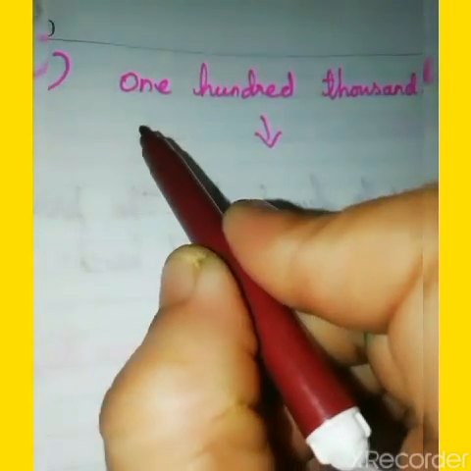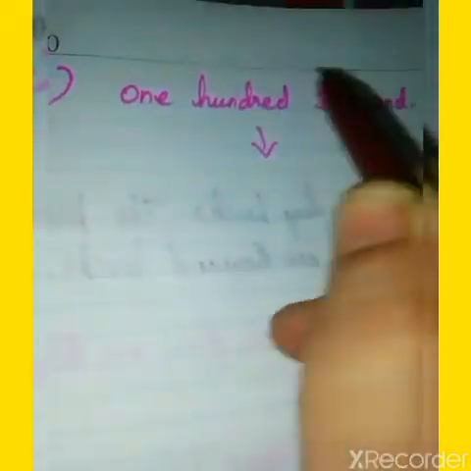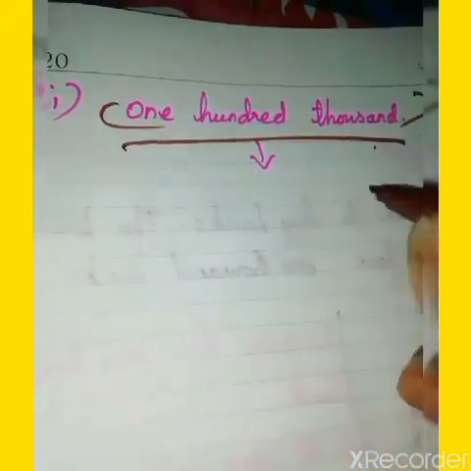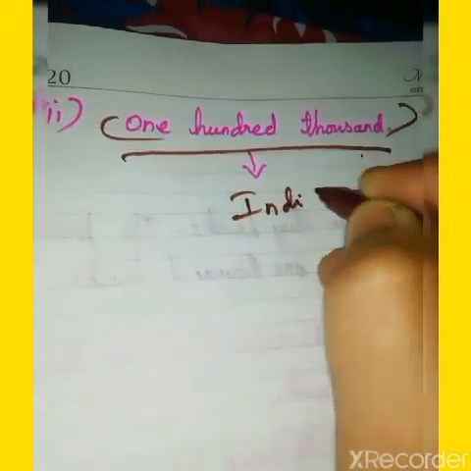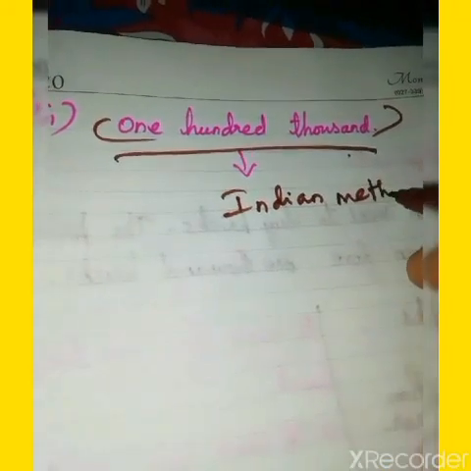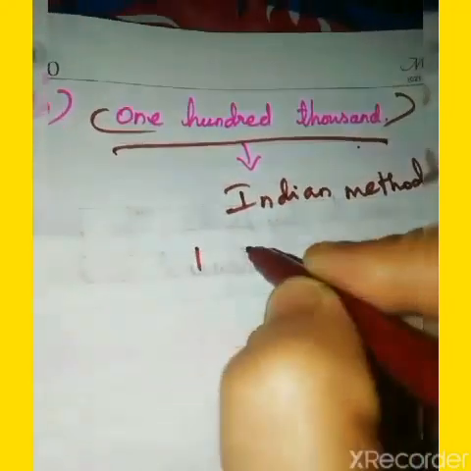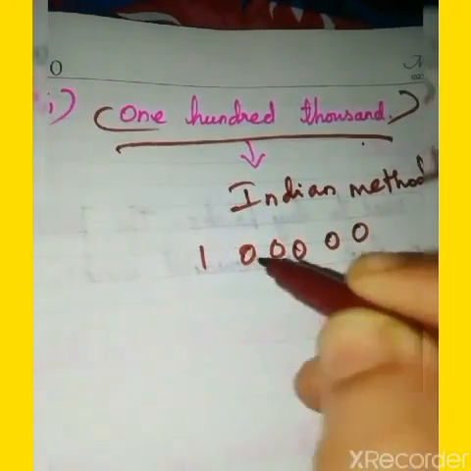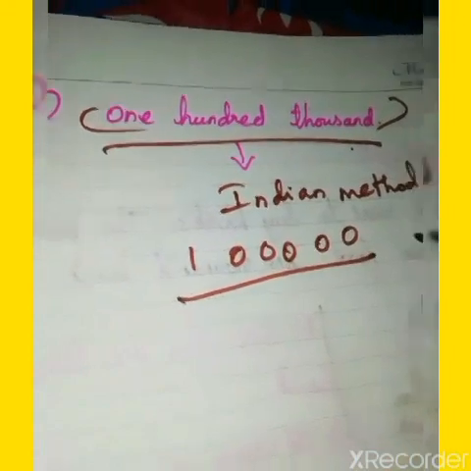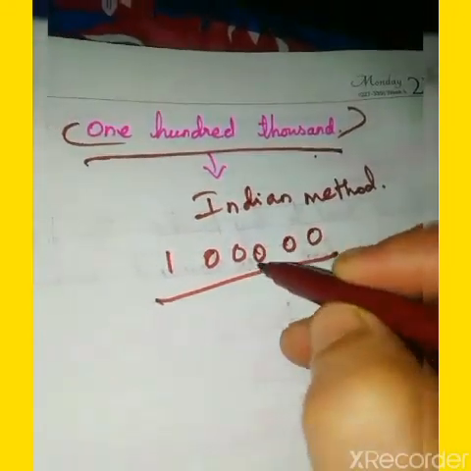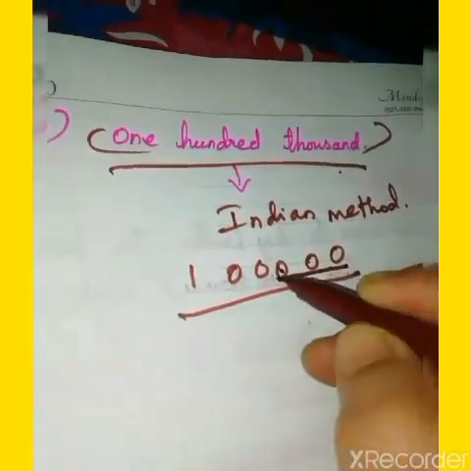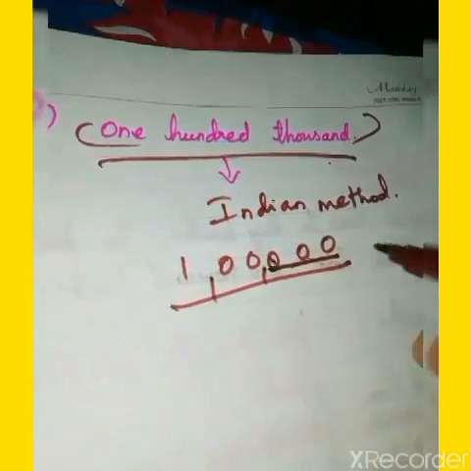Okay, let's know what is meant by 100,000. This is in your international method, they name this number. So how do you write it by the Indian method? So I can write it like this. By your Indian method, how do you make the commas? For ones, tens, hundreds, you make a comma, and again 2 digits.